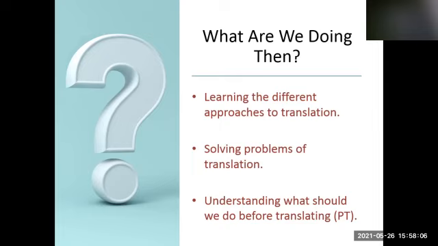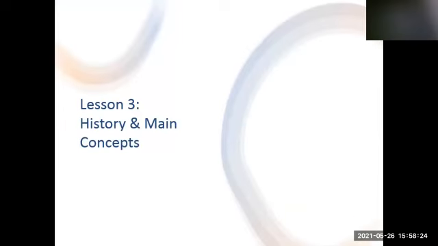We'll learn different approaches to translation, we'll solve problems of translation, and we will learn what we should be doing before translation, before embarking on the process itself. And then in the next lesson, we will be talking about the history of the science of translation and the main concepts.